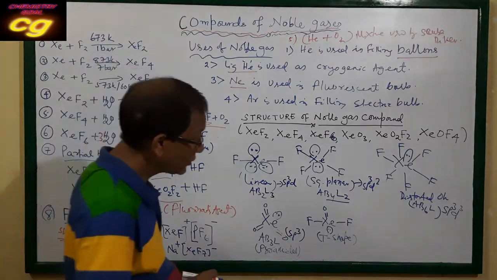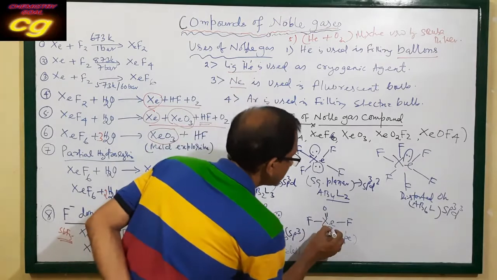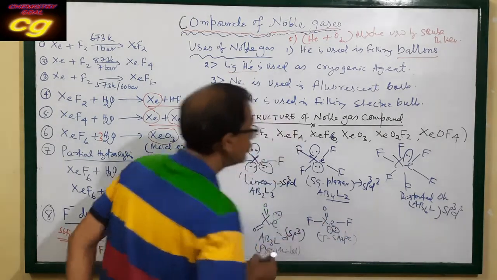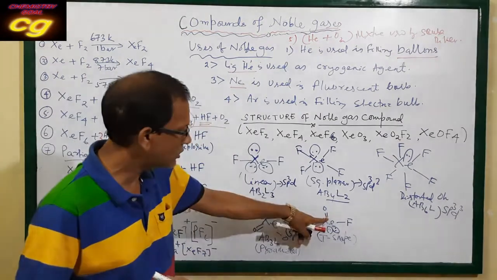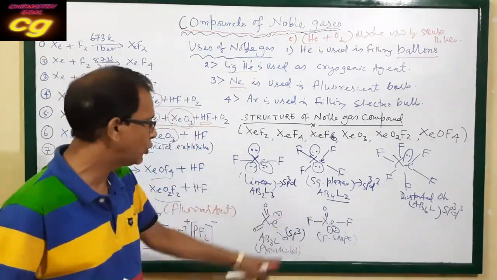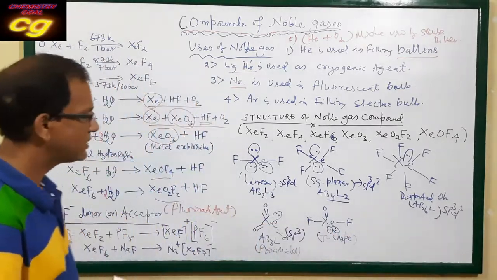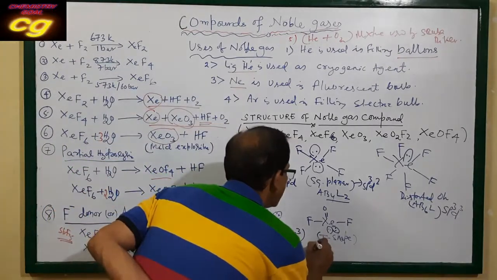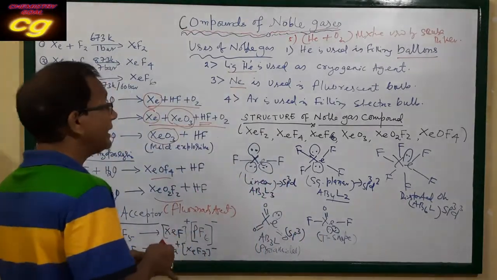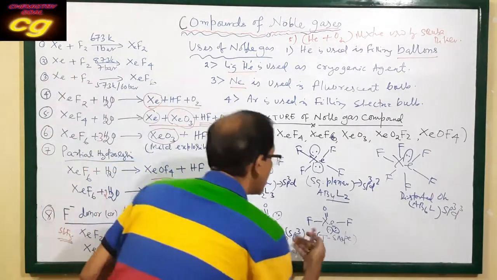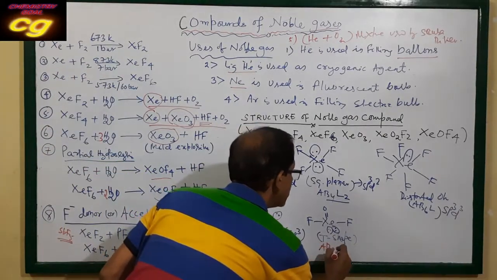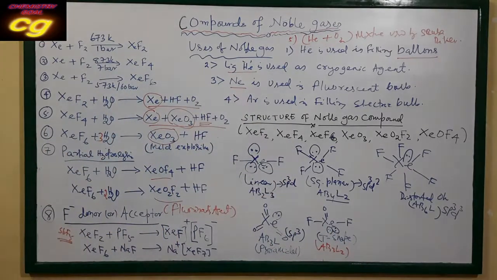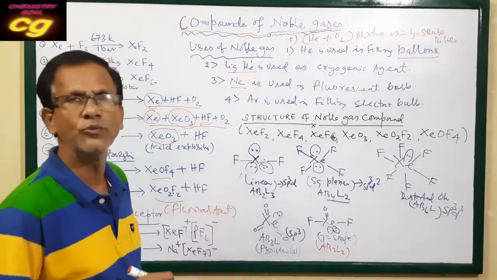How many lone pairs? 2 lone pairs, not 1. If we count, it will be 2 lone pairs, because 2 electrons with the oxygen, then fluorine 2 electrons each, 4, remaining 4. That is 8. So it is AB3L2. Always AB3L2 is T shape according to VSEPR theory.